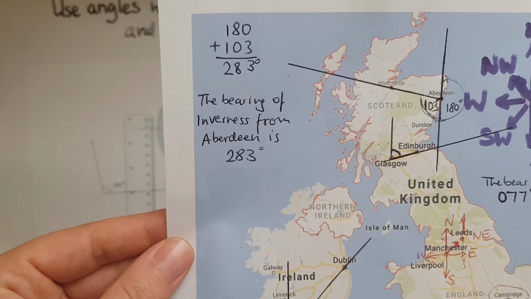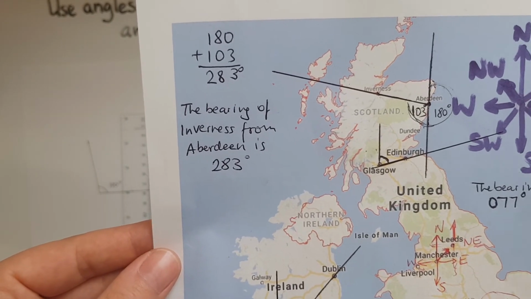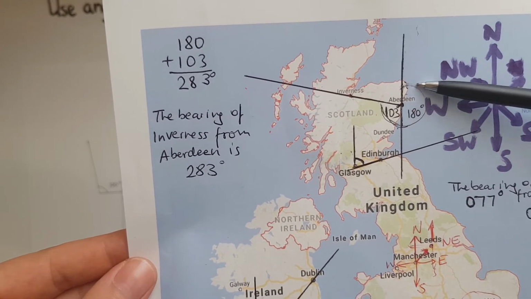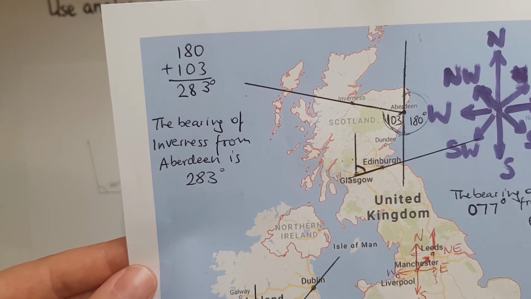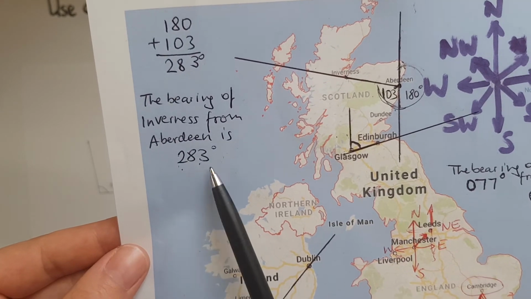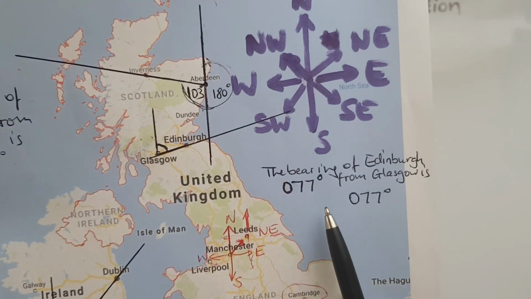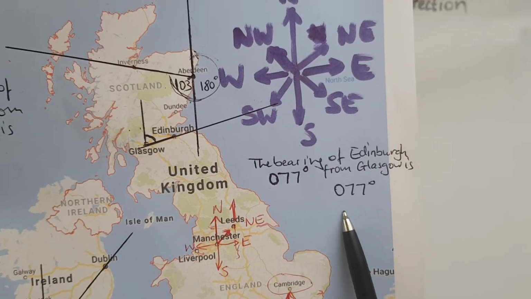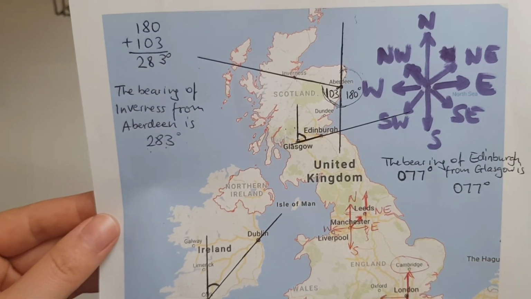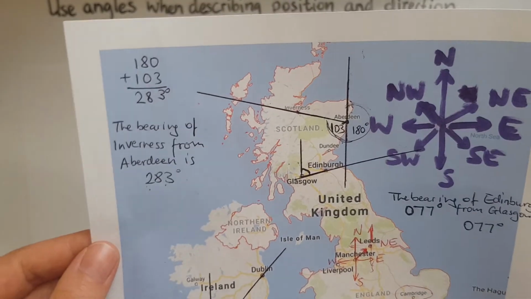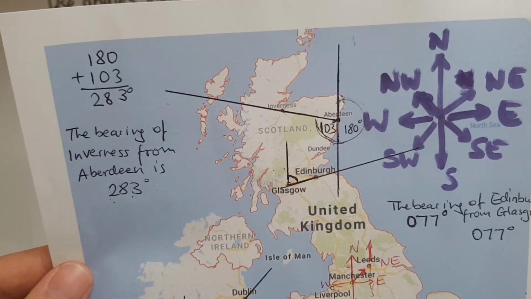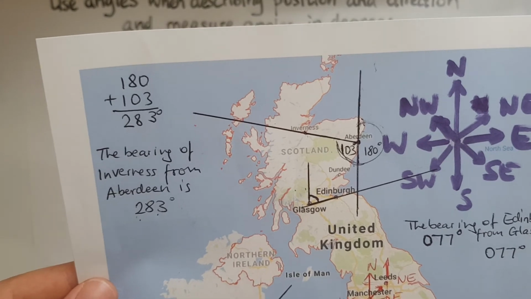So to summarize, bearings always start from the north. We always measure clockwise. We write the bearings using 3 digits, like 283. If there isn't any hundreds in there, we put a 0 in front, so 077 or 042, like here, and it still means degrees. And where we start and where we're going to is the wording.